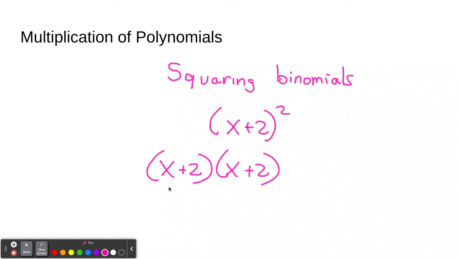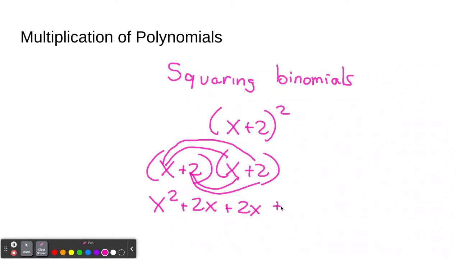And you do FOIL, just like we've done. Right? So again, you got x squared plus 2x plus 2x plus 4, which is x squared plus 4x plus 4. So that's squaring binomials. All right, clear that out.